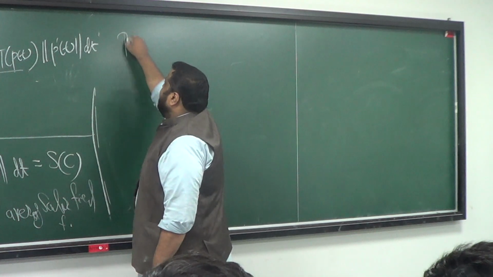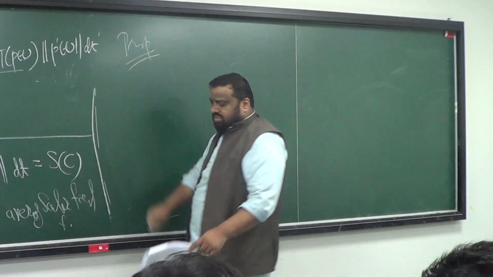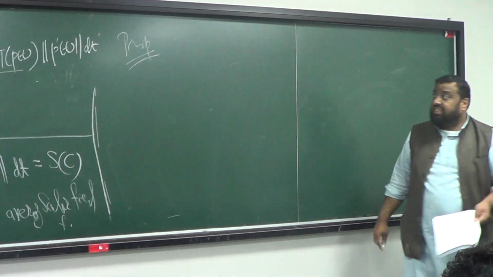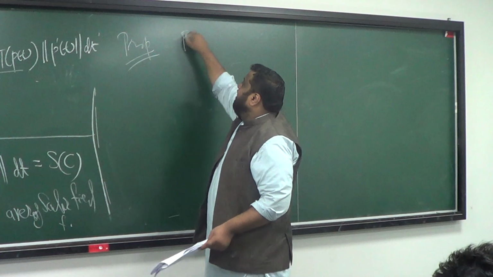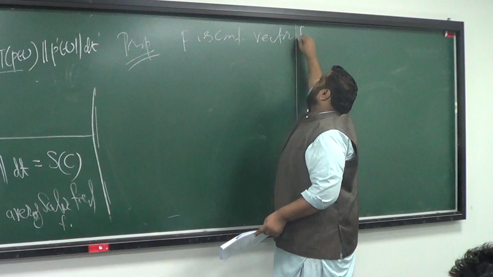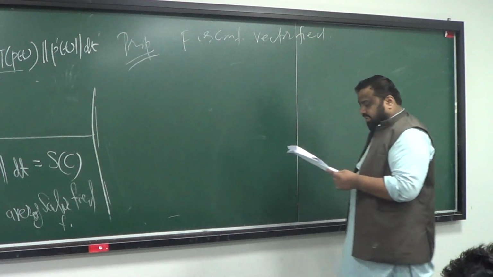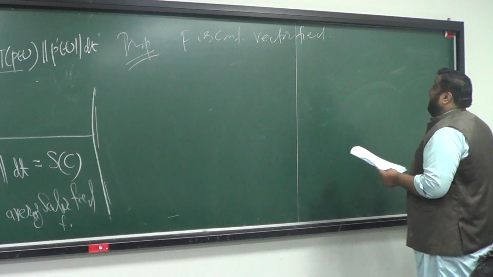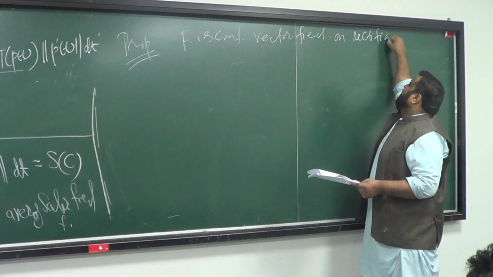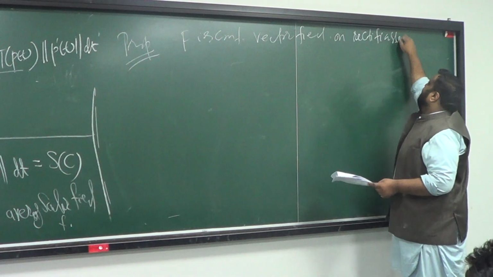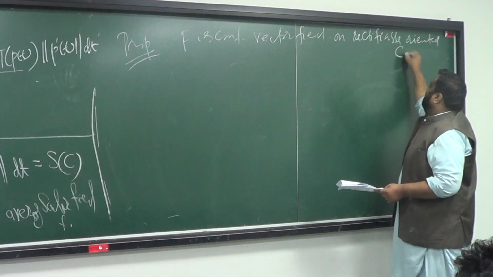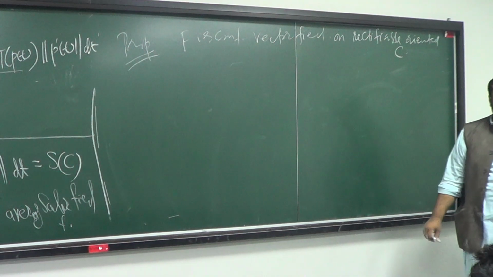So here's a little proposition. Just giving you a way. Imagine F is a continuous vector field on a rectifiable oriented curve C. So it has a particular orientation.